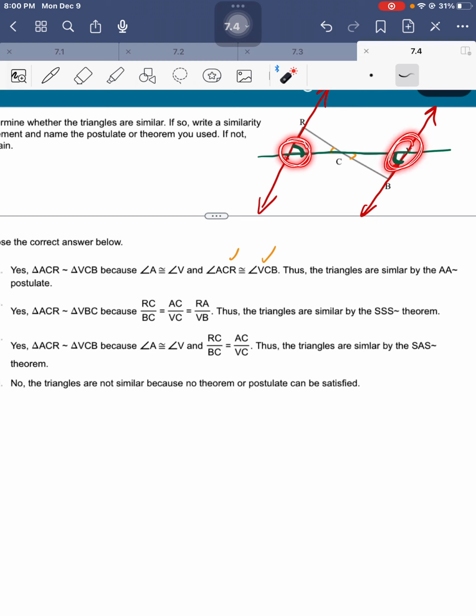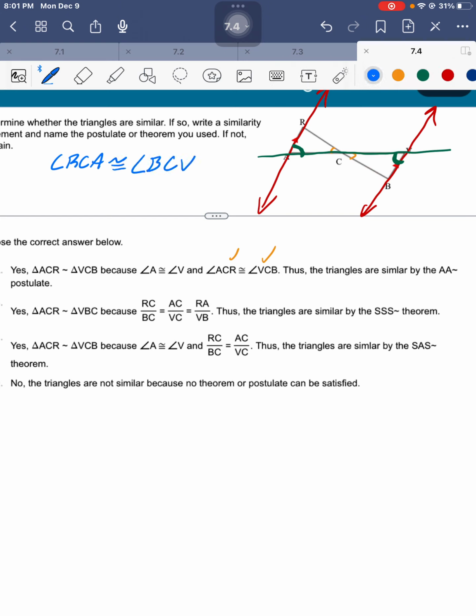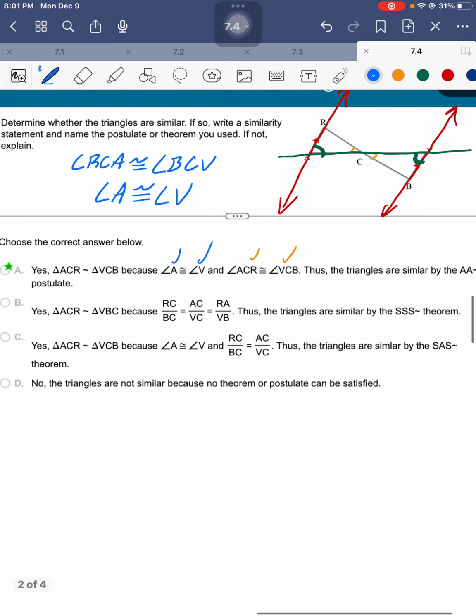Now, what angles are these? This is angle A, and this is angle V. So far, what are some things that I have? I have that angle RCA is congruent to BCV, and I also have that angle A is congruent to angle V. Do I have any of those anywhere here?